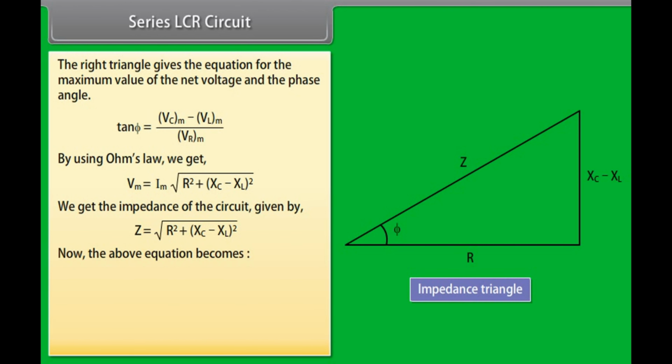Now, the above equation becomes Vm = Im × Z. We can also write this equation as Im = Vm/Z, or Irms = Vrms/Z.